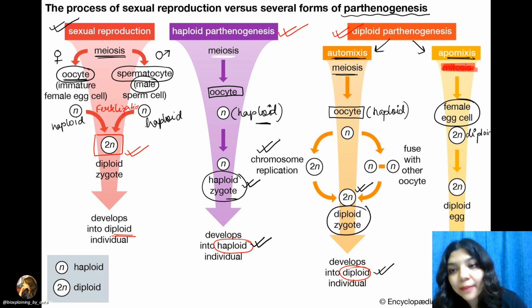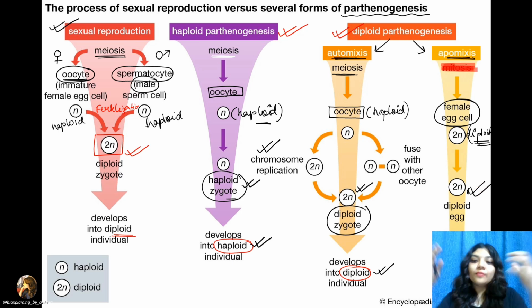This is not haploid. The egg cell is diploid, right? So this diploid female egg cell gives rise to the diploid egg only. So from this diploid egg, what you get? You get a diploid individual. ठीक है? So in case of parthenogenesis, there is no kind of fertilization which is happening, right? There is no fertilization which is happening. Properly understood?